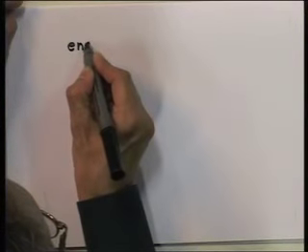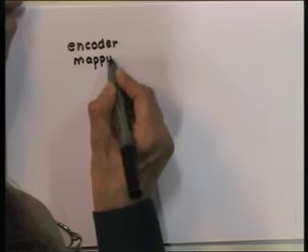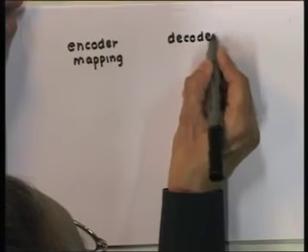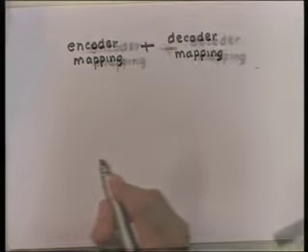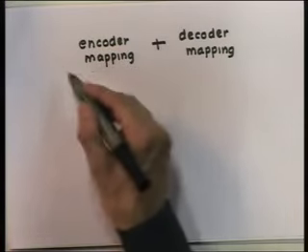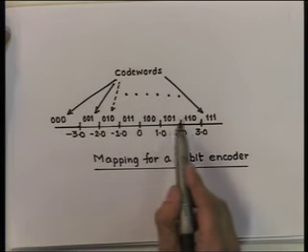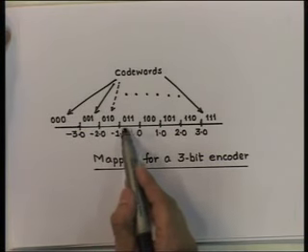In practice, the quantizer consists of two mappings: an encoder mapping and a decoder mapping. The task of an encoder is to divide the range of values that the source generates into a number of intervals.